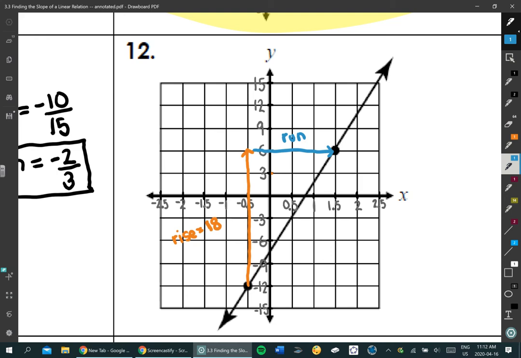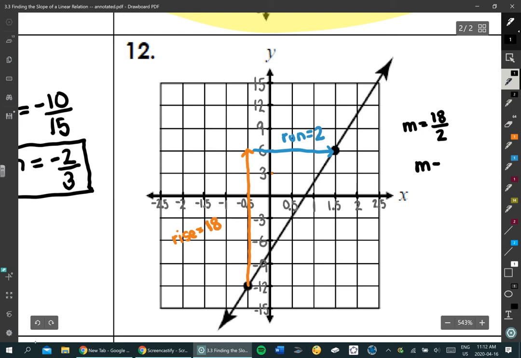So that gives me a total run of 2. Okay, so slope, rise over run, 18 over 2, simplifies to 9 over 1, or simply 9.